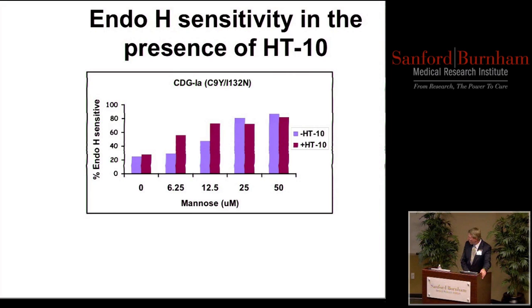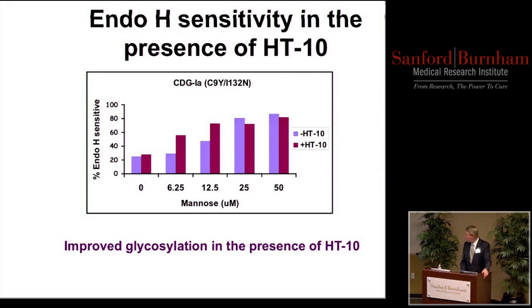You can see that when we add this compound and we measure glycosylation, as we increase the mannose, in fact, more of the mannose is able to go into glycoproteins here at a lower mannose concentration, and as you go up, you finally saturate the system. This says that you're more efficiently using the mannose that's in the medium, and you have a chance of improving glycosylation.